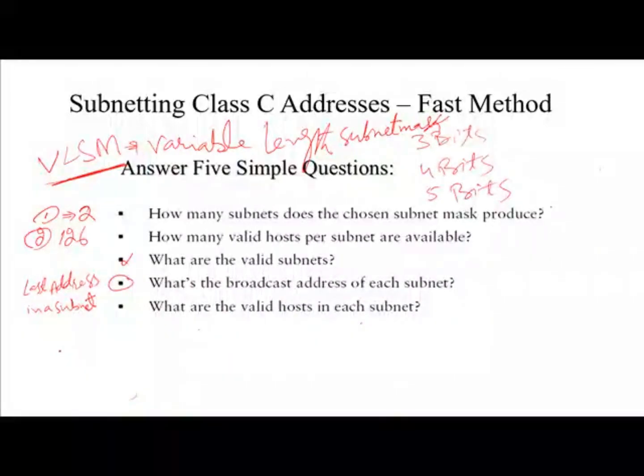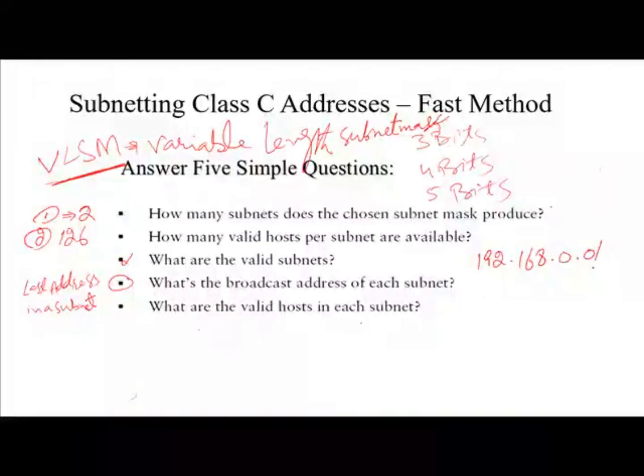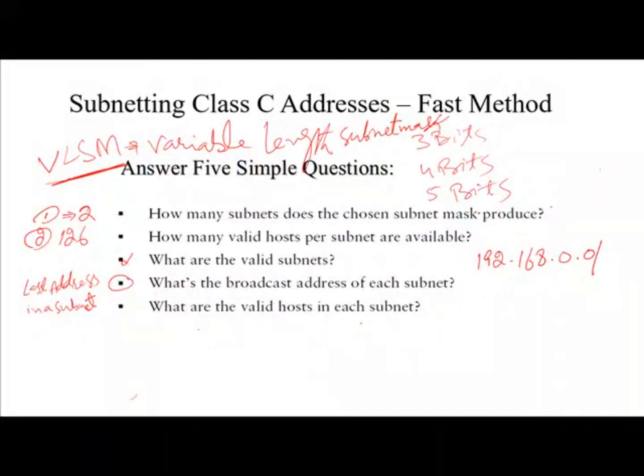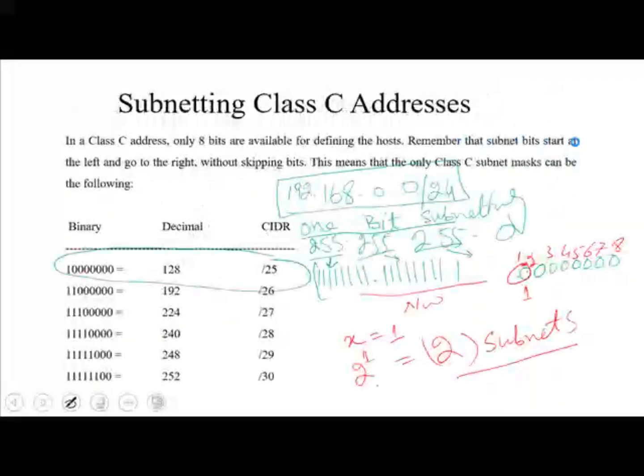So how will we calculate? It's pretty simple. Let's say my first subnet will be 192.168.0.0. Now, as I'm performing 1 bit subnetting, and it was already /24, now we will add 1 to 24. So what will it become if we add 1?